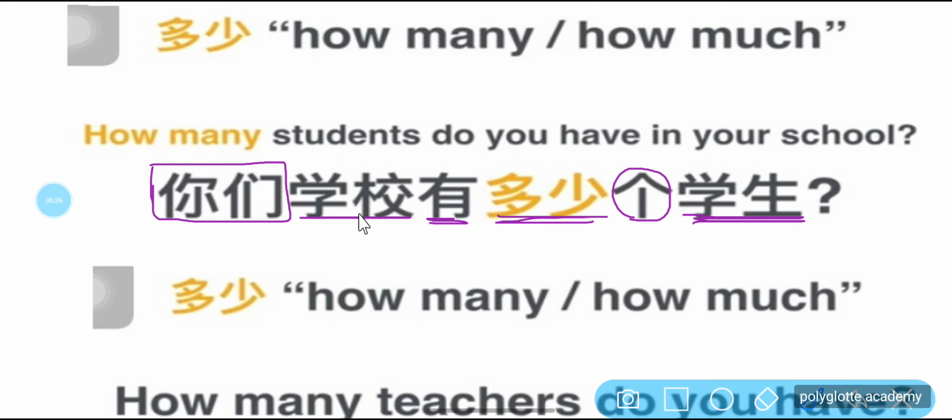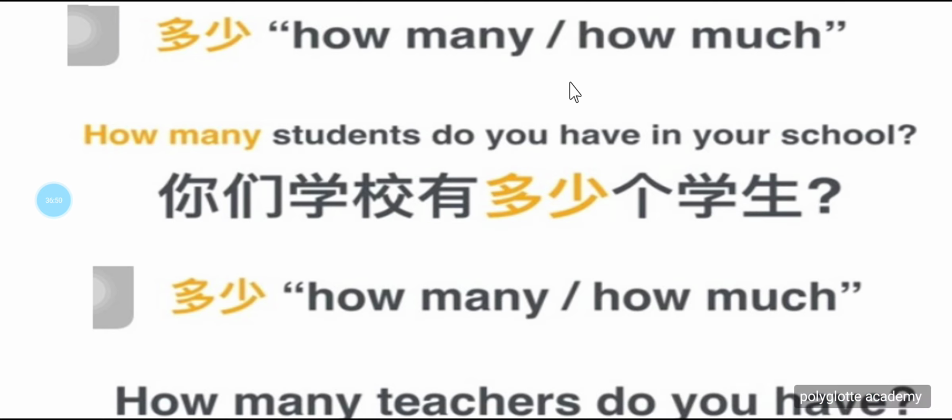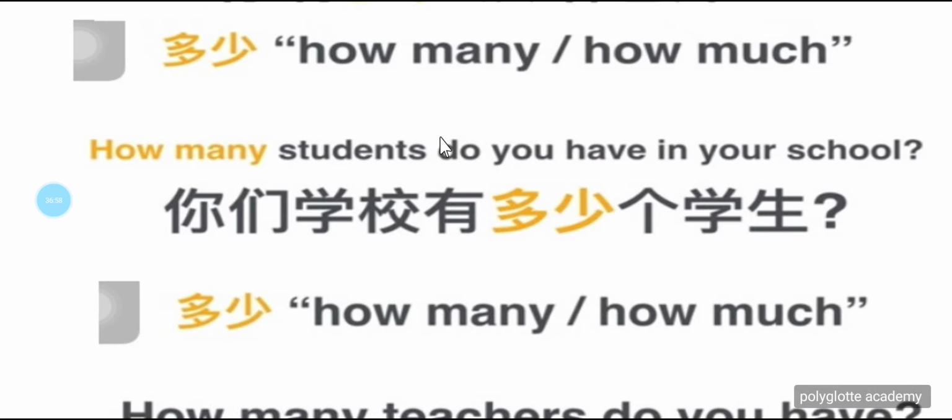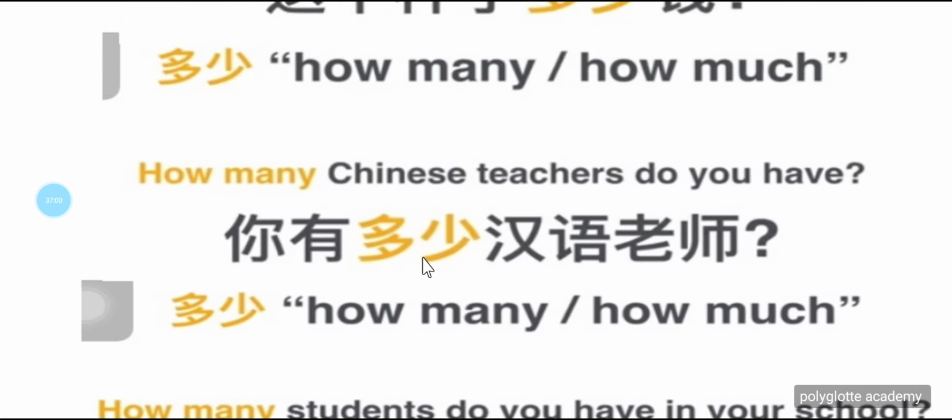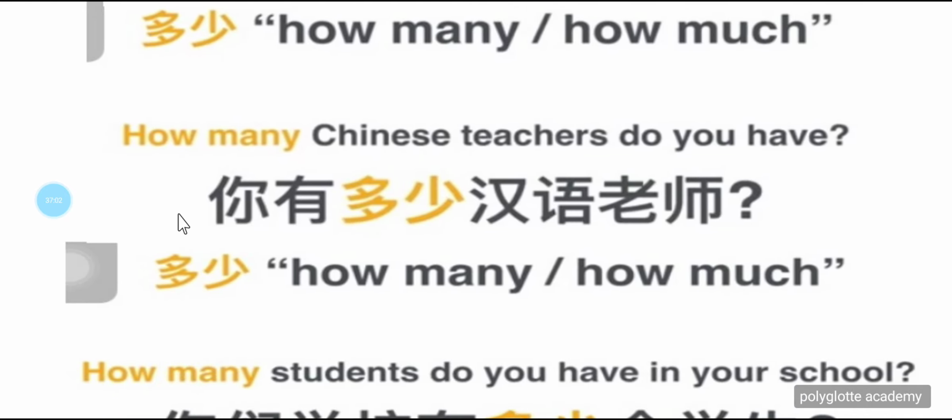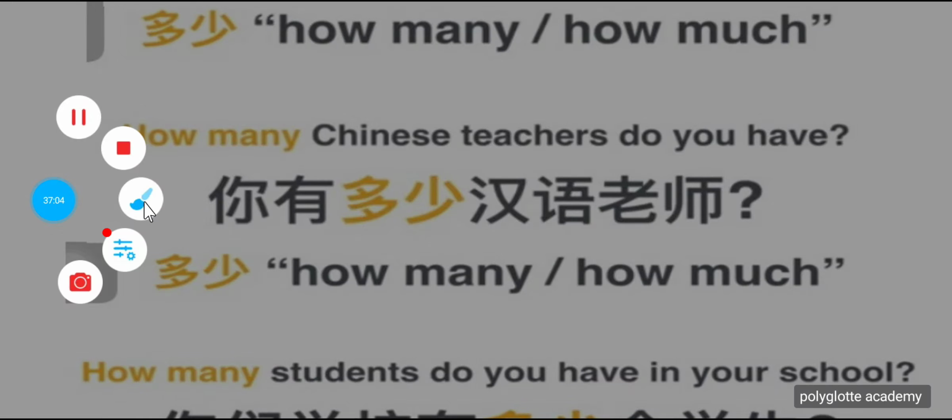But I'm still trying my best to give each pronunciation and repeat it several times so that you fully get the sounds of each character. How many students do you have in your school? 你们学校有多少个学生? Very good.